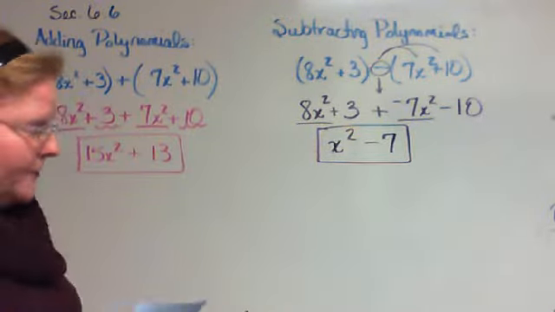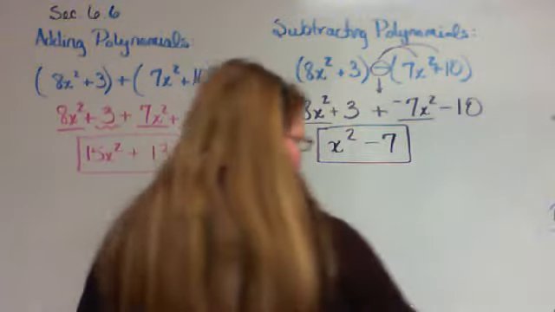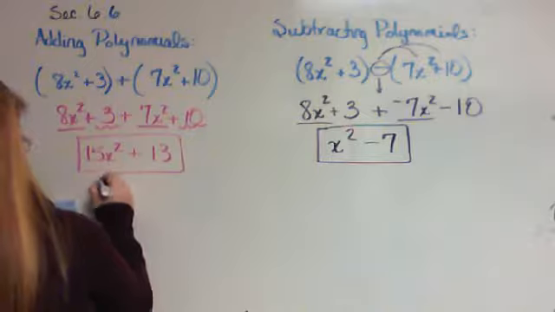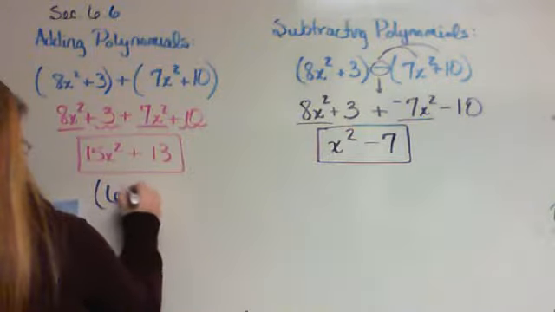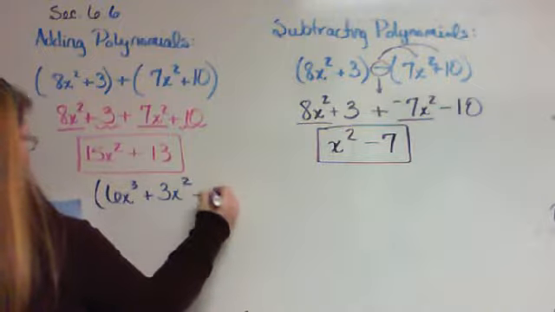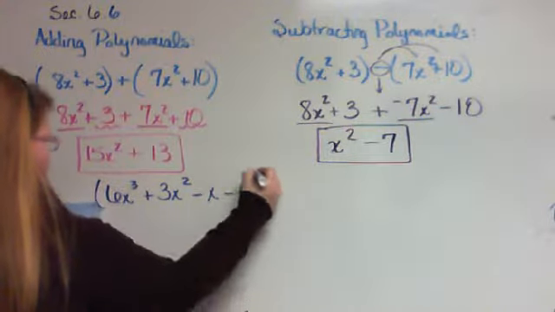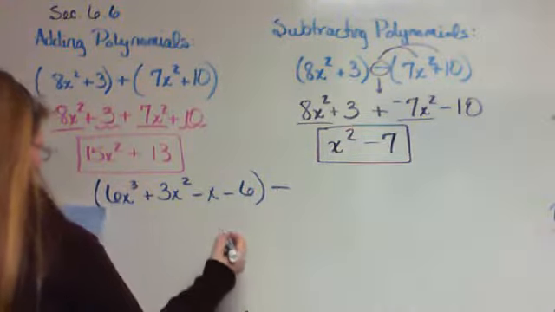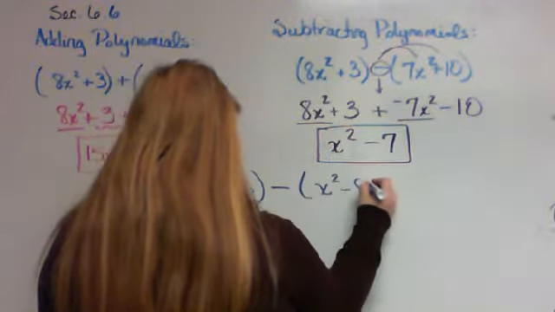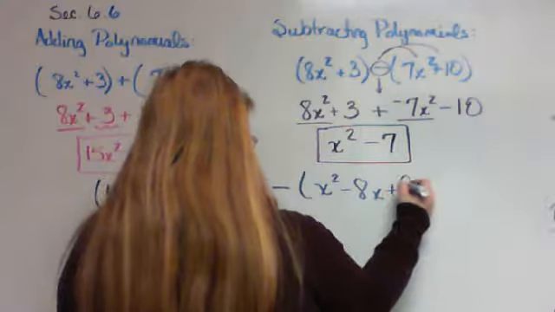Let's look at another one. Here, I'll see if I can fit it down here. 6x cubed plus 3x squared minus x minus 6 minus x squared minus 8x plus 9.